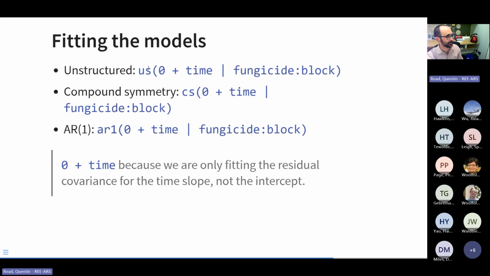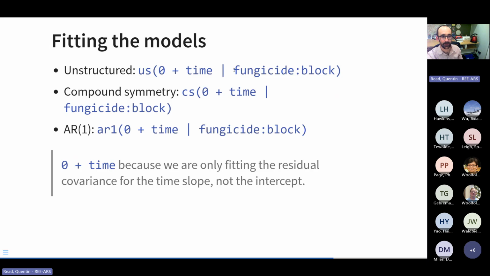They all have very similar formulas. Unstructured, US, is the name of the covariance structure function. Compound symmetry is CS, and AR1 is the first order autoregressive.